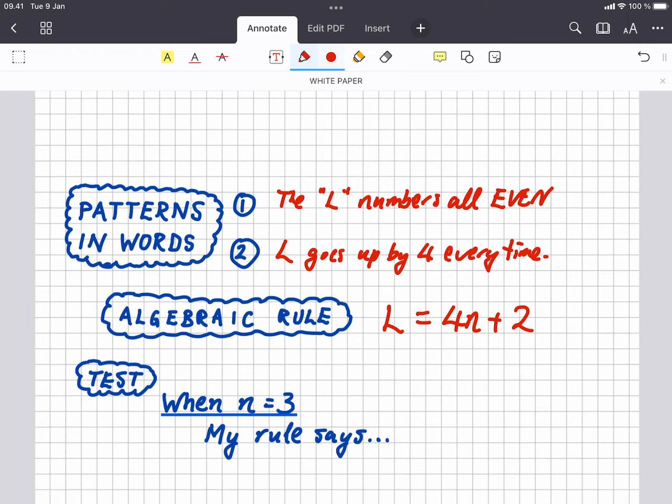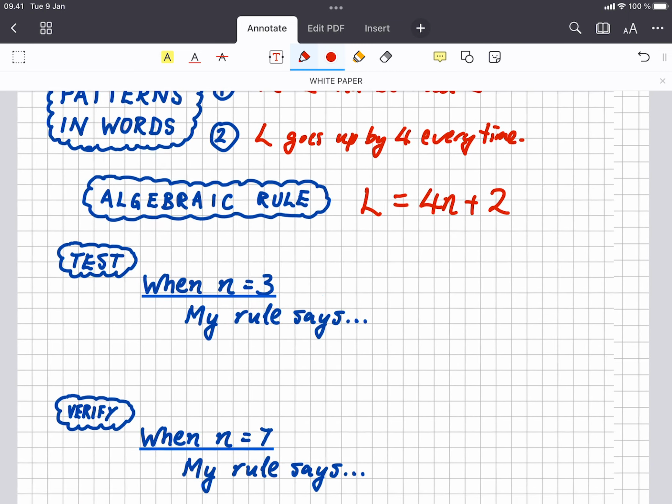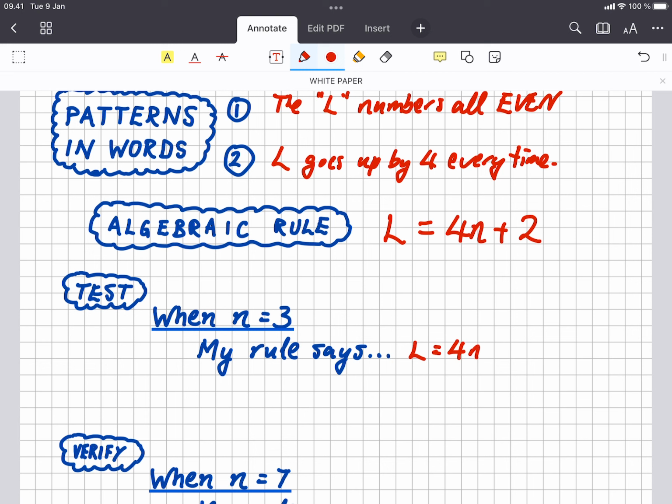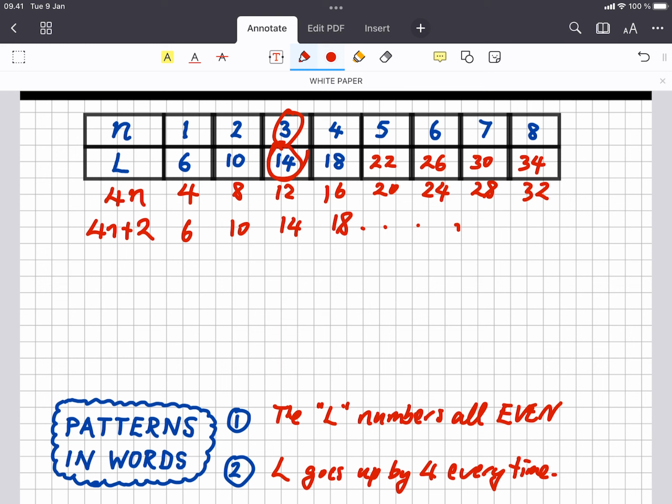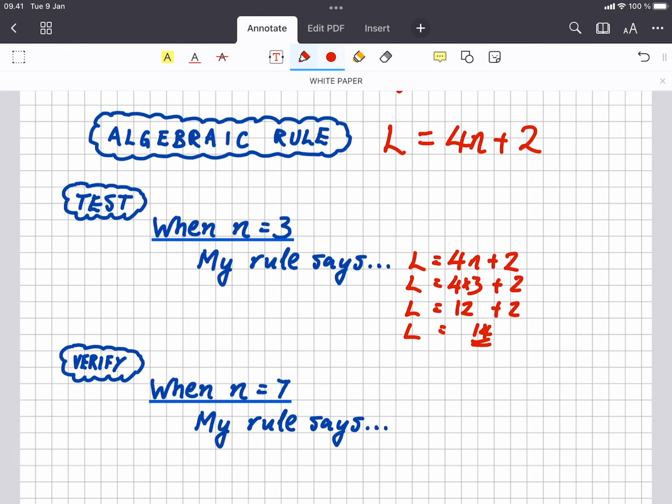So for example, when n equals 3, my rule says L equals 4n plus 2, L equals 4 times 3 plus 2, L equals 12 plus 2, L equals 14, and 14 was what we had in the table, so we just make the comment, this matches the value in the table. So that calculation with that observation should give you the marks for testing.